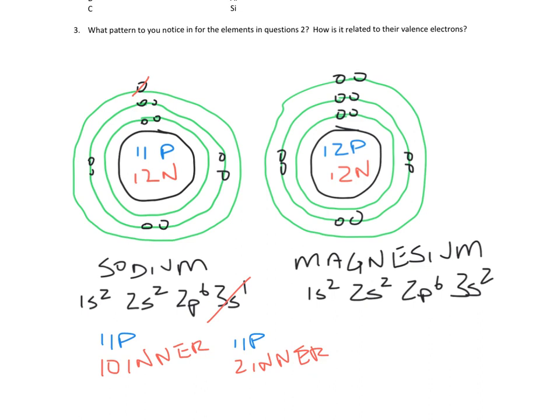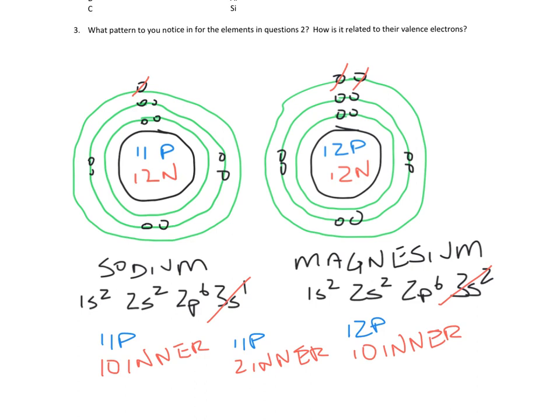For magnesium, similar thing. It's just now we have 2 electrons that have to be removed. And so these 2 electrons come off pretty easily because they see 12 protons and 10 inners. So same thing. They don't have a super high effective nuclear charge because their attraction isn't that much bigger than their repulsion.